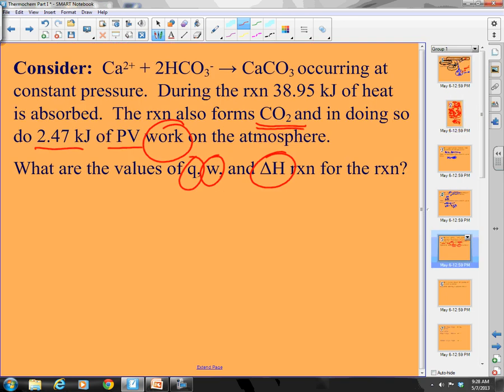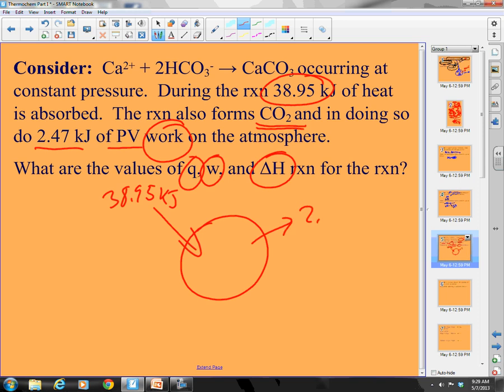During the reaction, 38.95 kilojoules of heat is absorbed. So here's my reaction. It absorbs 38.95 kilojoules, and in doing so, it does 2.47 kilojoules of work.